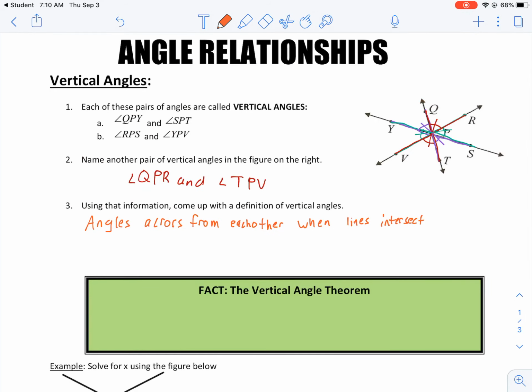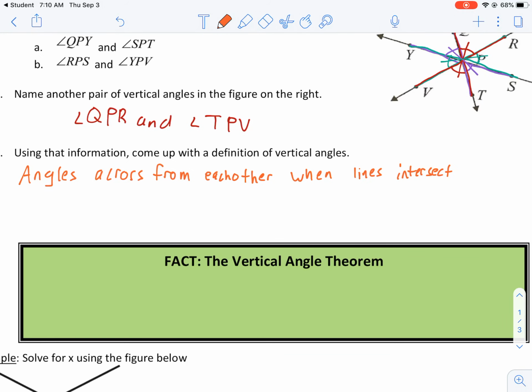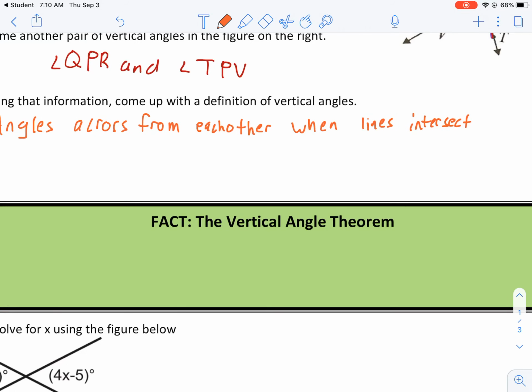This leads us to a fact called the vertical angles theorem. It is important to know this name, because when we get to proofs later, you're going to have to know some theorems and be able to use them. The vertical angles theorem is one that is used often.